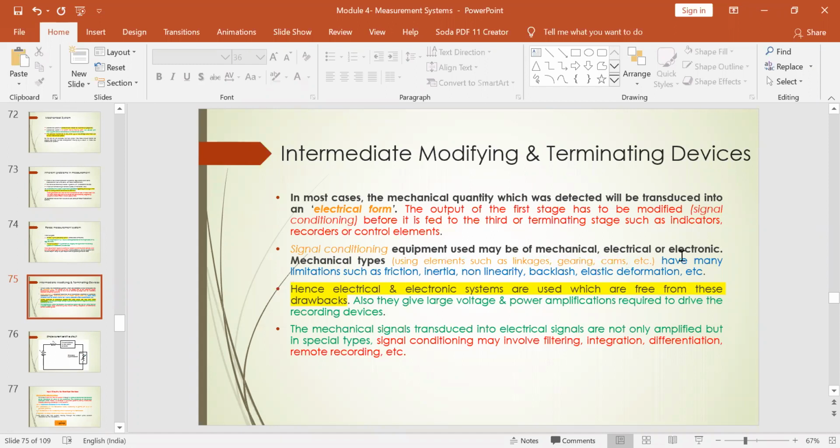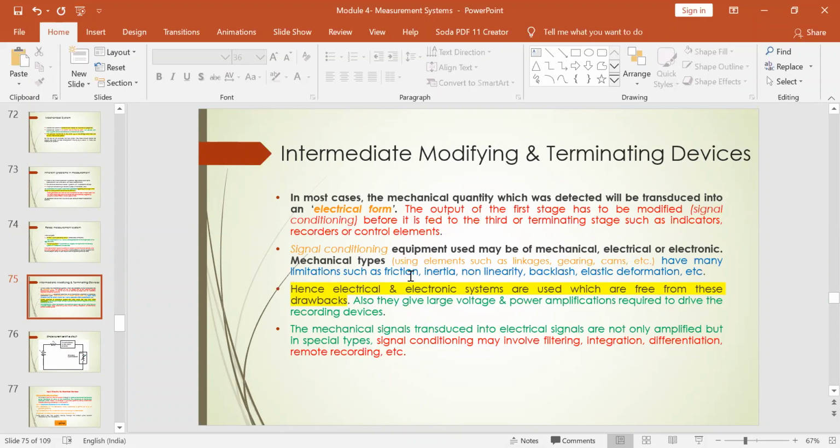Okay, so these mechanical types have many limitations because they have elements which are movable. Due to moving parts, they have their own limitations, resulting in friction, inertia, non-linearity, backlash and elastic deformations.